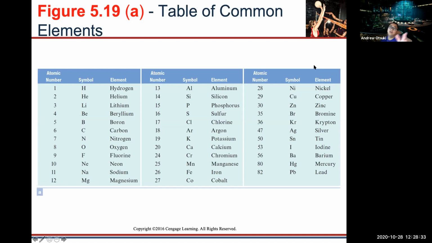So everything on this list, you should study it well because you need to know the symbol and the element name. So be able to translate between the element name and the symbol. Don't worry about the atomic number because we'll give you the periodic table. So these are the elements you'll have to know.